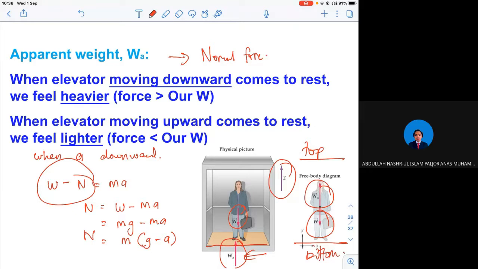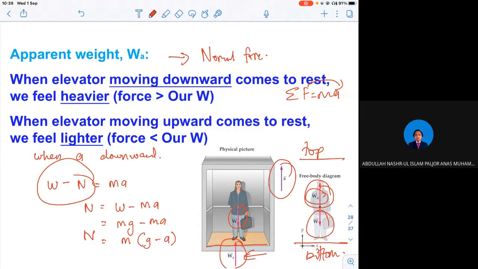Remember F equals ma, and F will follow the direction of acceleration, because F and A are directly proportional. Whatever the direction of the acceleration, the force will follow. So if the acceleration is going upward, then the force that should reach the top first is WA, or N.